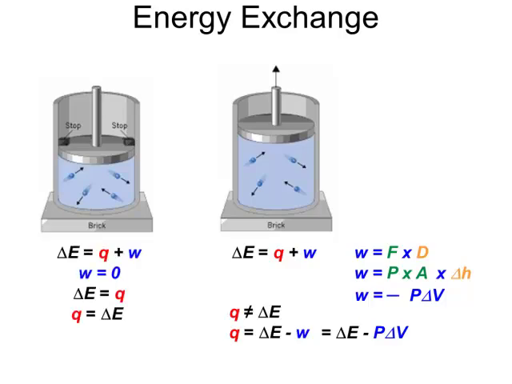Comparing these two setups, if the same amount of energy is added to the gas in both systems, the gas in the first setup will be warmer than the gas in the second setup. Some of the energy in the second setup transferred as work, not heat. In this first scenario, the reaction was forced to occur at constant volume.